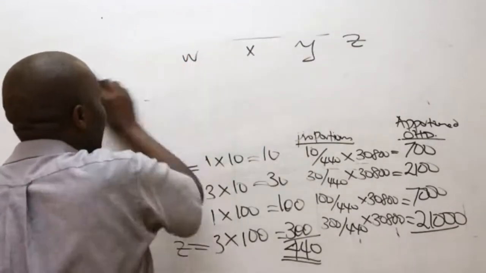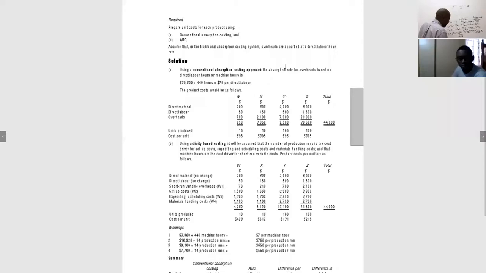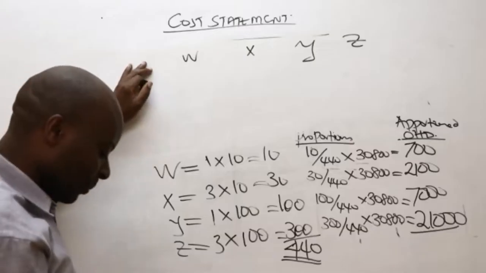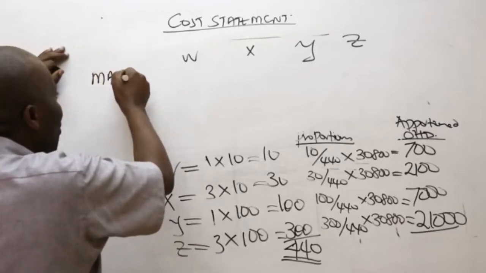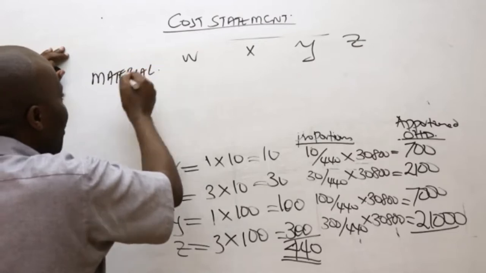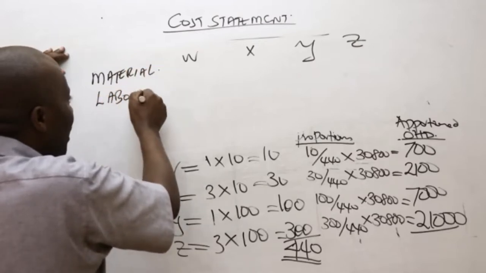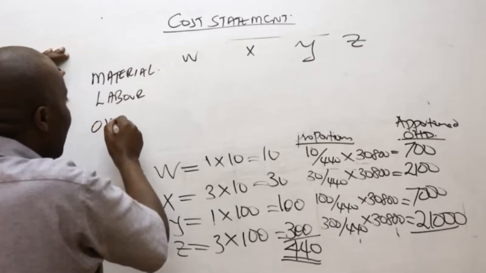For the cost statement, I will start with my prime cost, which has two components: the material cost and labor, and then we have our overheads.